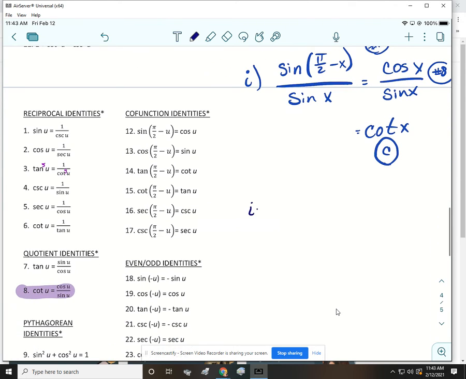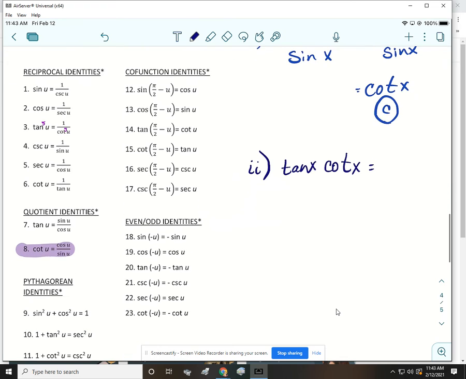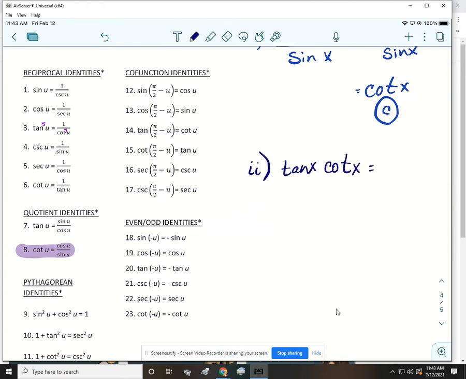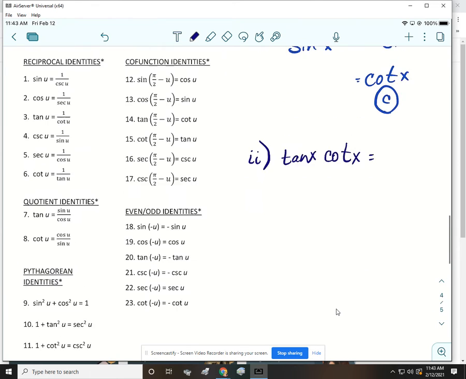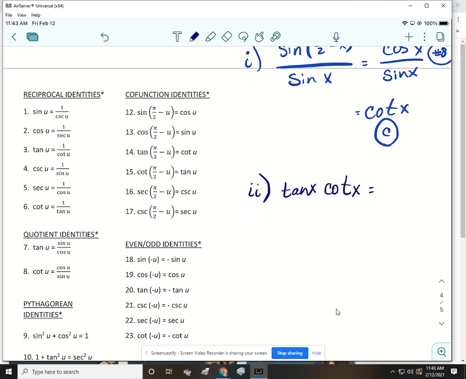For 2, or II, we have tangent of x times cotangent of x. All right. Now, what people do that kind of messes them up is that they try to do too much too fast. So they'll just keep on reducing or simplifying when you don't need to.